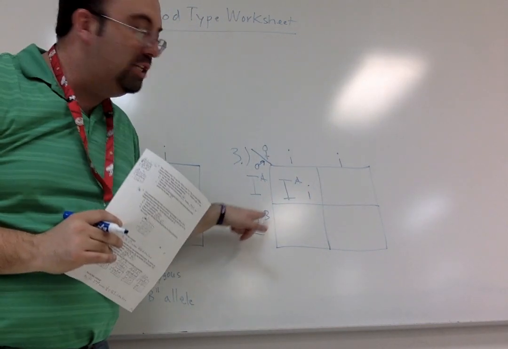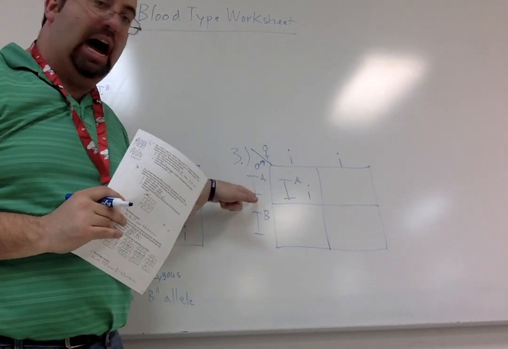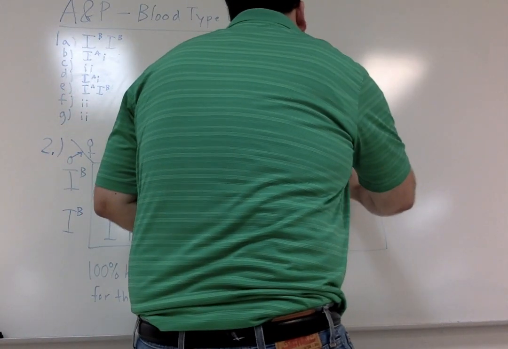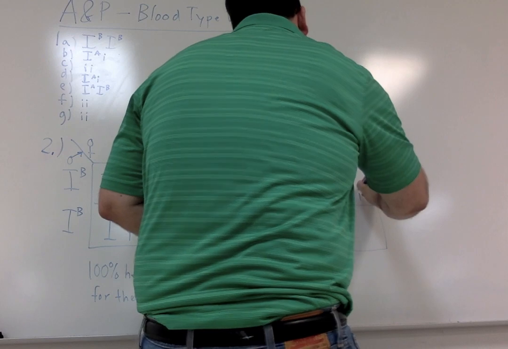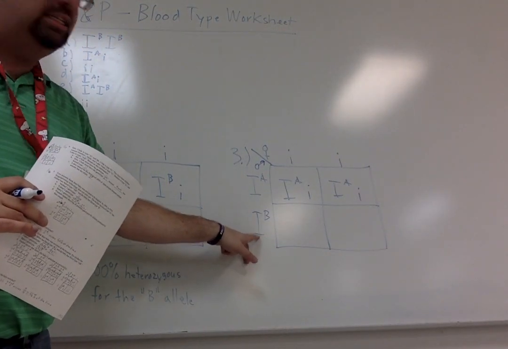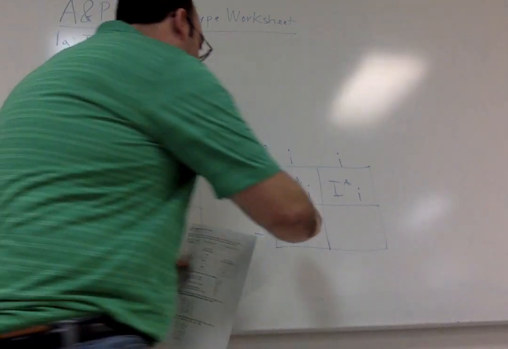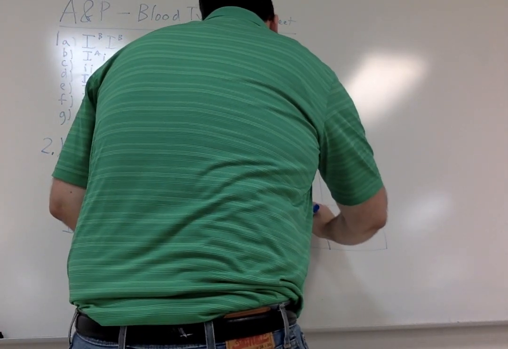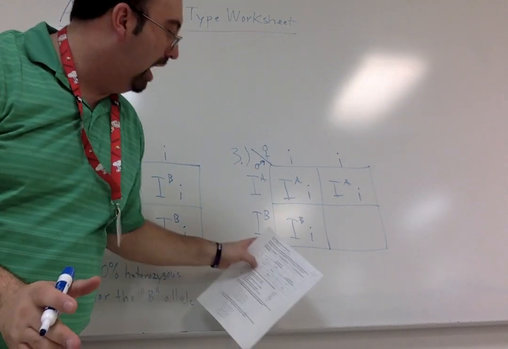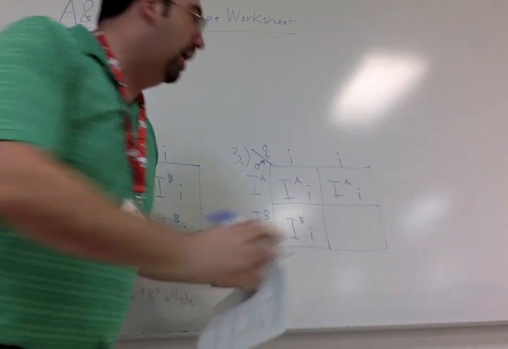At the top right, we will also see an I capital A combined with a little i. Down here at the bottom, we have I to the B to the little i. And then the fourth possibility, I to the B to the little i.